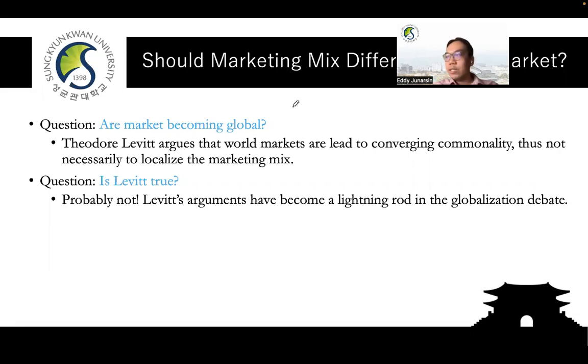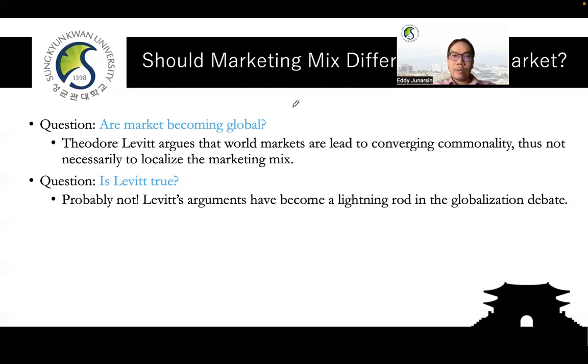It might not be entirely true, because there are a lot of local adjustments that we have to make. I think several weeks ago we saw the choices between local responsiveness and cost reduction pressure, and also global integration.